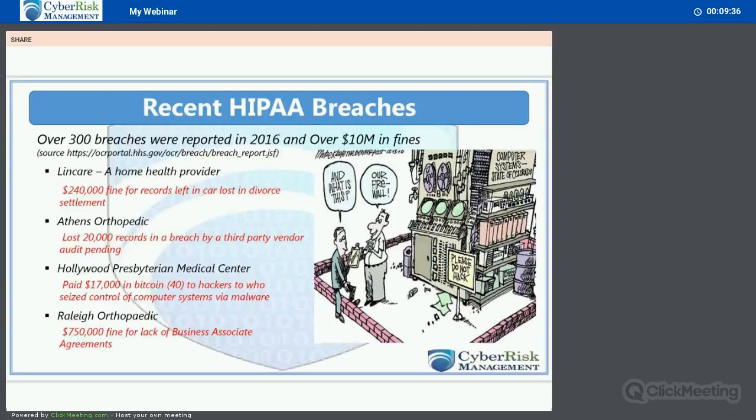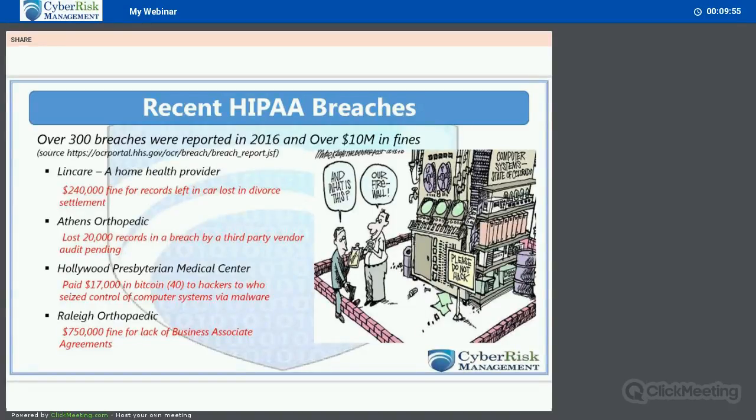So there were 300 breaches reported in 2016, and there have been over $10 million issued in fines by the OCR.